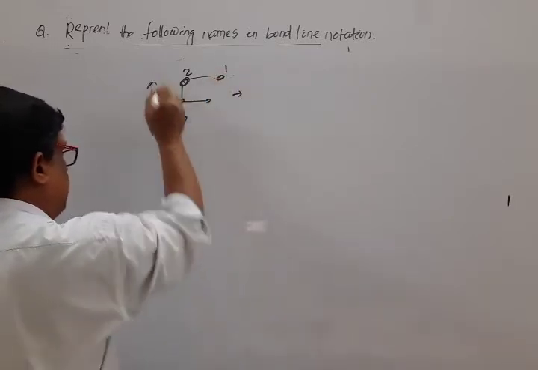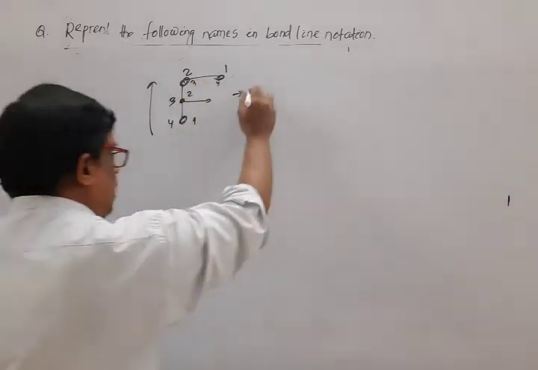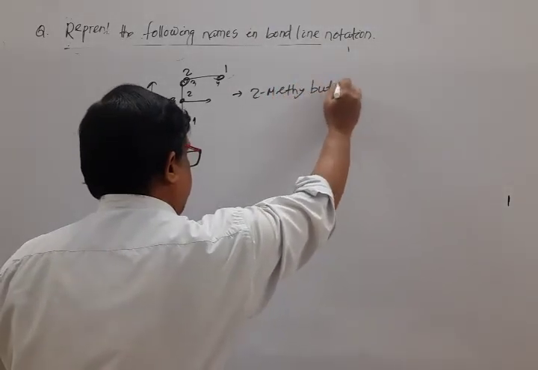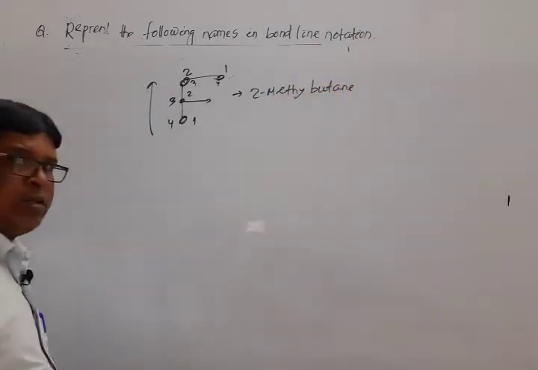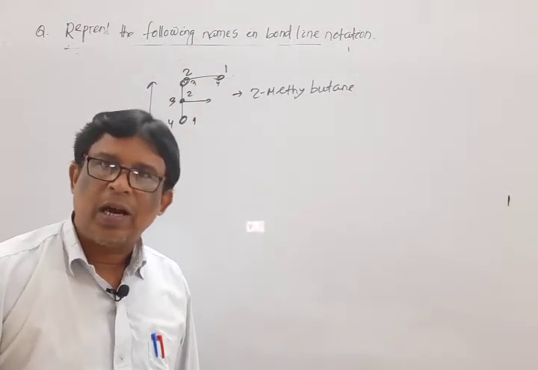Or if we move in this way, it is 1, 2, 3, 4. So the lowest is 2, and it is known as 2-methyl butane, because numbering should be in such a way that it possesses the lowest locant number.